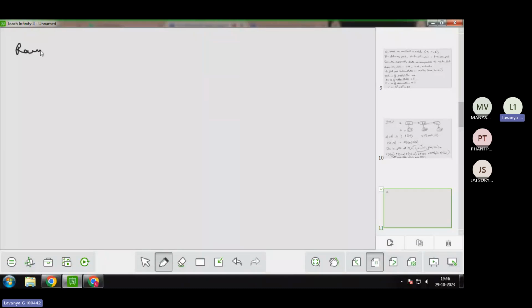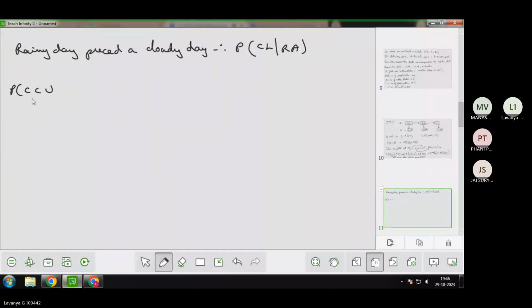Your rainy day precedes a cloudy day. Therefore, you take probability of CL restricted to RA. Right? Therefore, my total probability of the coat, coat, umbrella observations and SU, RA, and CL. This I have to write.